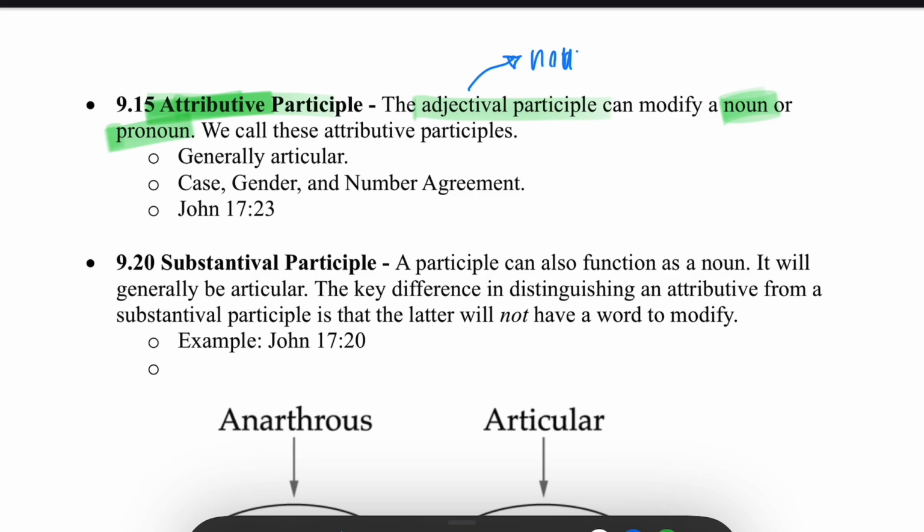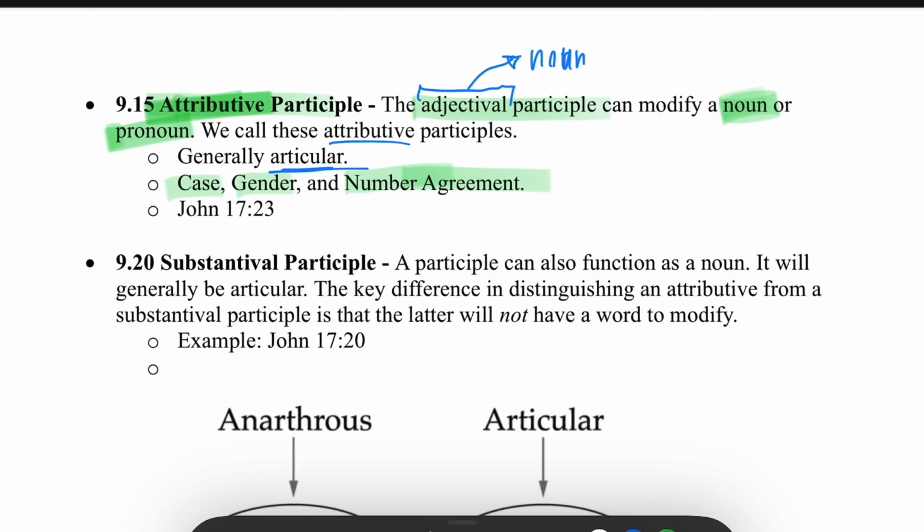It's just a reminder of basic grammar that an adjective modifies nouns. And we call these attributive participles because they are attributing something to, giving an attribute of something. So these are generally going to be articular. There's usually going to be an article. And then there's going to be case, gender, and number agreement. So if you have a noun that's in the genitive, you're going to have an attributive participle also be in the genitive that's modifying it.